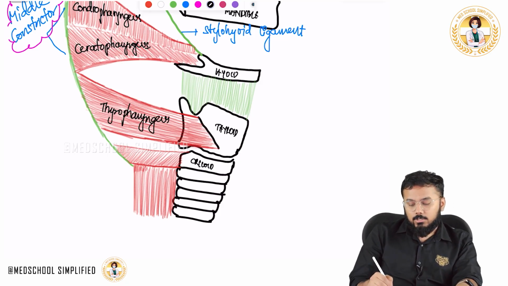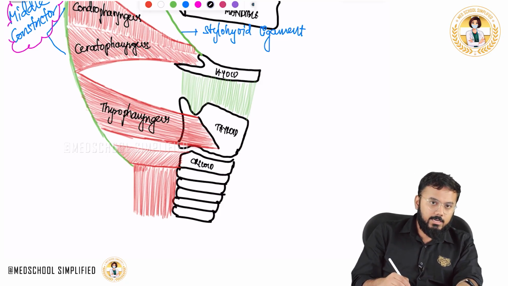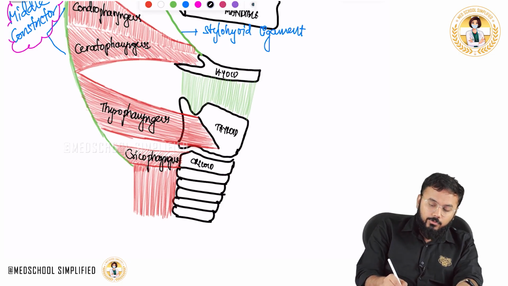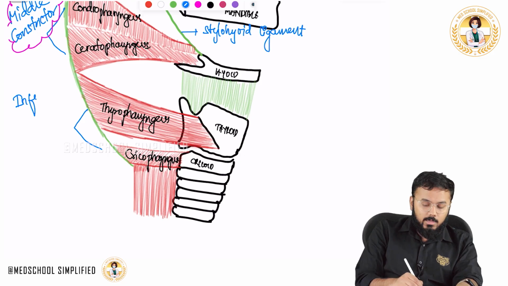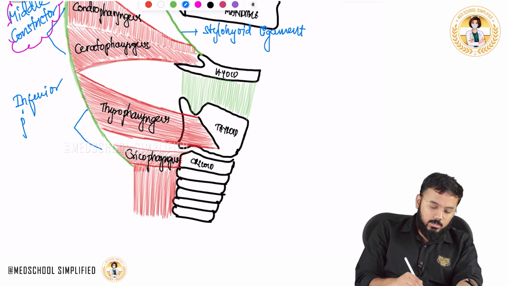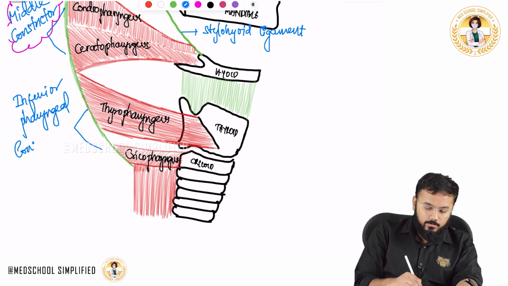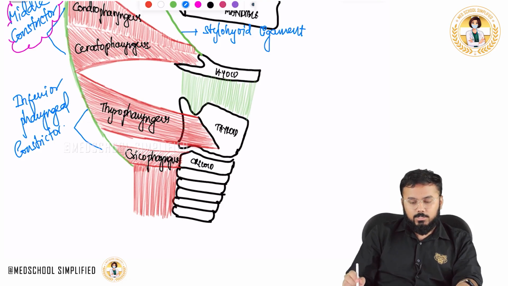Another muscle attached from the cricoid to the pharyngeal region is called the cricopharyngeus. Thyropharyngeus and cricopharyngeus together form the inferior pharyngeal constrictor.